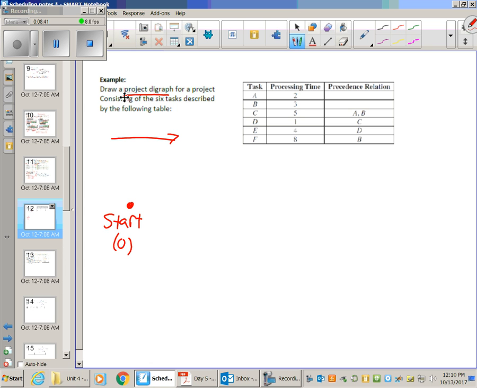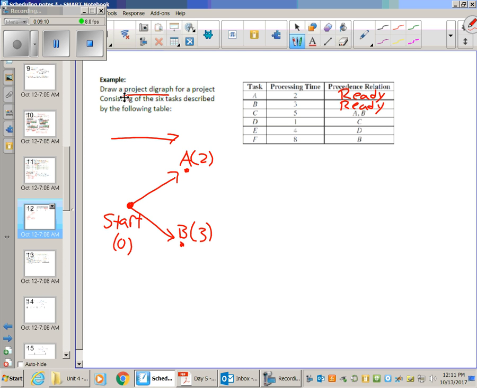So then the start is always going to point to the tasks that are ready to go. In this case, the ones that have no precedence that are ready to be started are A and B. Okay. Now, from each letter, we're going to go based off of that.